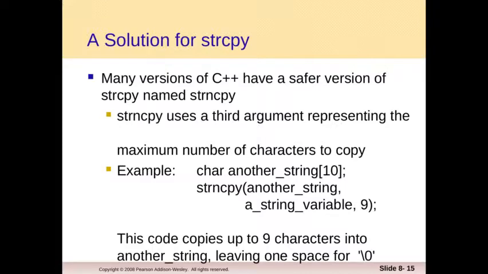But if the string in the second argument is longer, like "hello and welcome everybody", which is more than 19 characters, then the copying stops after 19 characters, but the string at the target is not null terminated. It's not automatically null terminated.